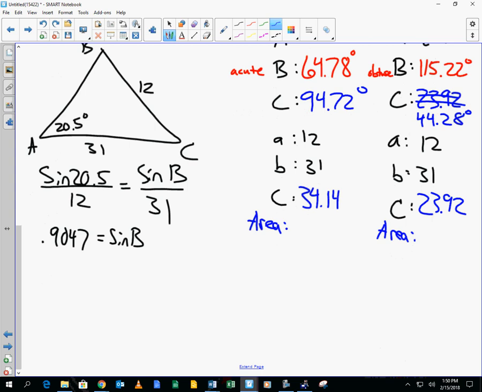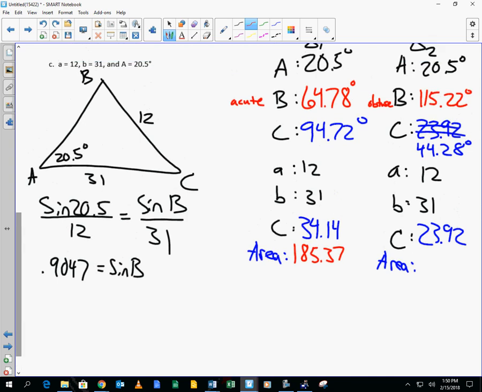Okay. Somebody, give me a hand. What do you got for area here? 185.37. Can somebody else confirm that? Olivia? All right. You have 65? Okay. Tell me what you used.